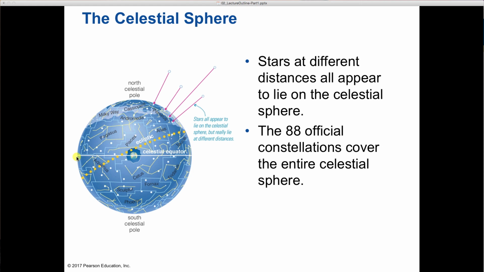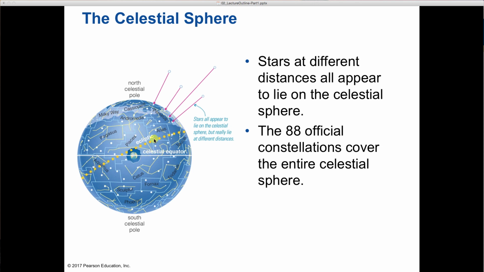And if we were able to see the stars during the day, if we could turn down the brightness of the sun, we would see that the sun appears in different positions every day. It moves a little bit every day, and it makes its way around the celestial sphere over the course of an entire year. These little yellow dots are positions of the sun every day or couple of days, and they go all the way around the celestial sphere.